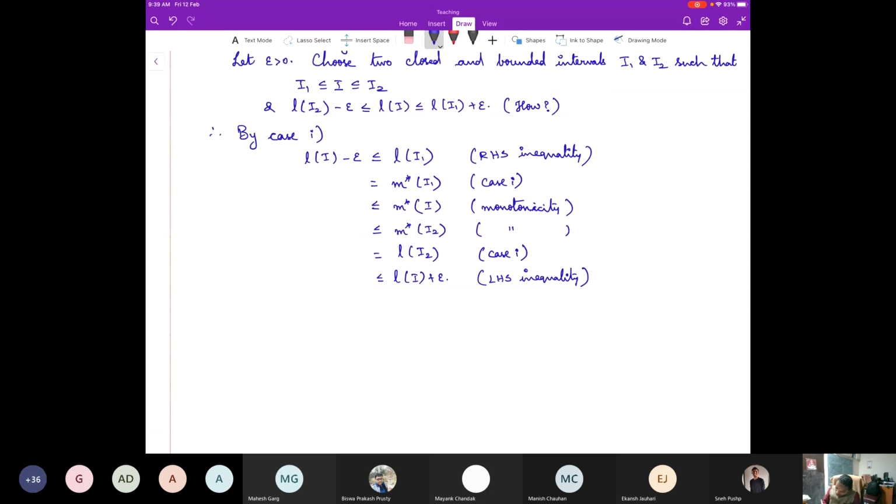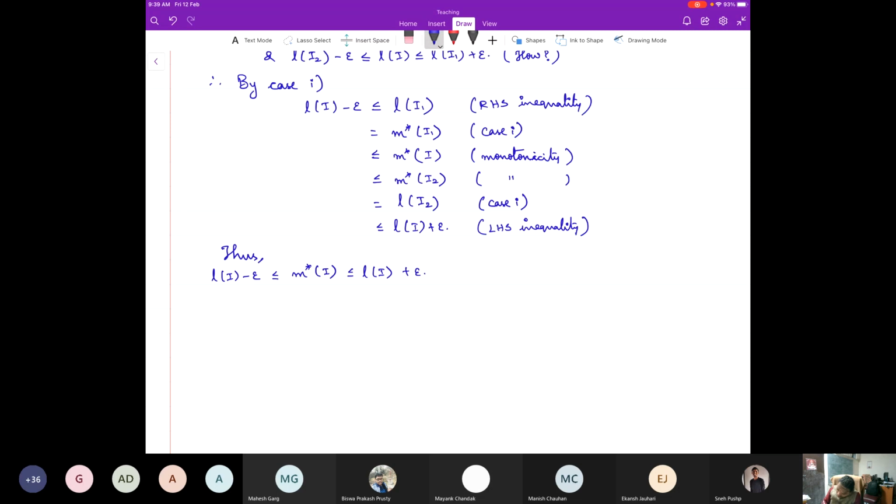That's it. So thus, what have we shown? m star of I, on the other hand, I'll have length of I minus epsilon, which is less than or equal to length of I plus epsilon. That's it.